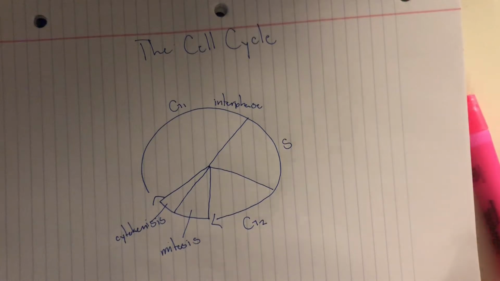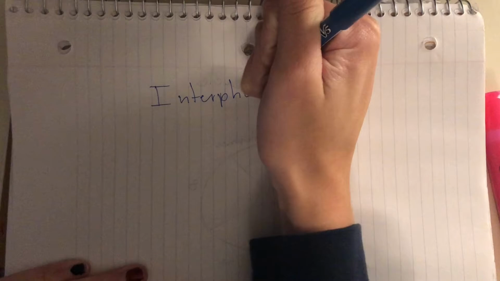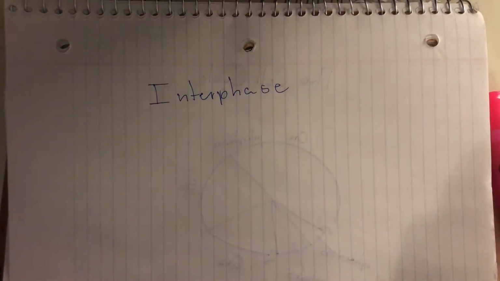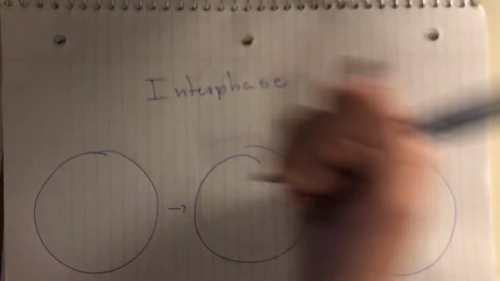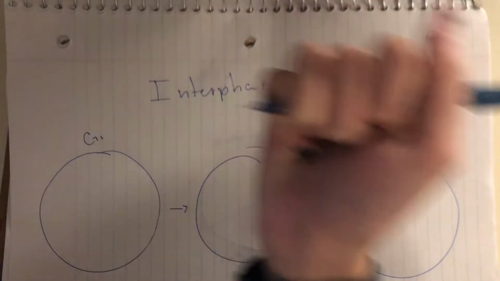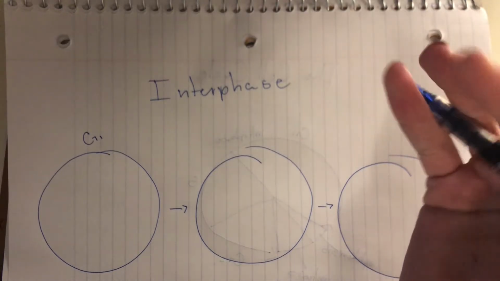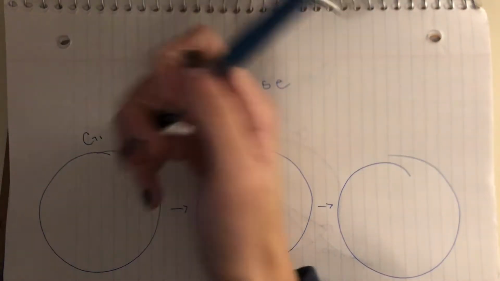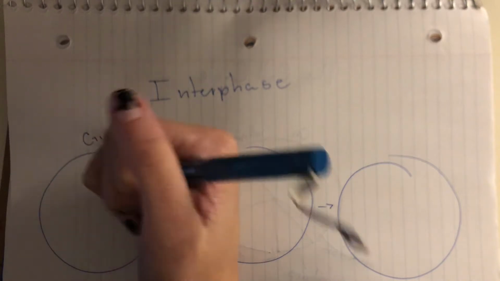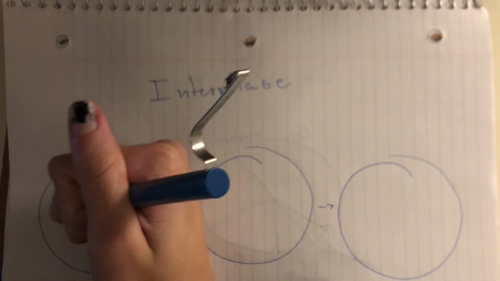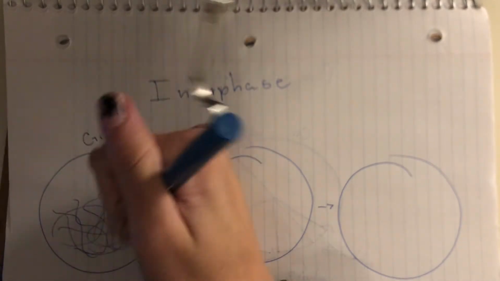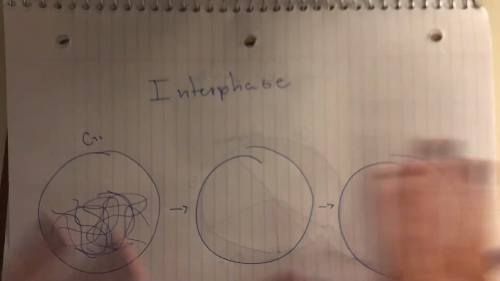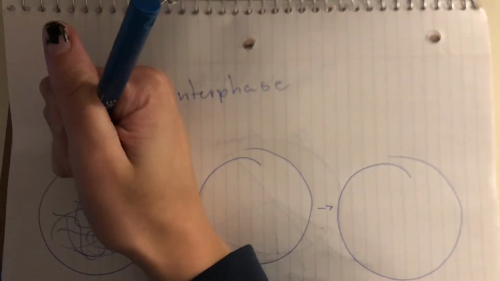Now let's get further into interphase. Interphase, like I said, consists of three parts. So let's look at what happens in the cell during those three parts. During the G1 phase, the cell grows. And in the cell, we have DNA and these long strands that we call chromatin. Another structure that we're going to highlight in this very basic cell diagram, like I'm missing a ton of stuff, is called a centrosome.